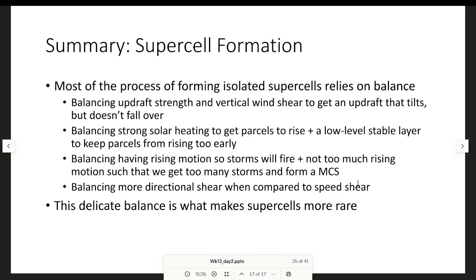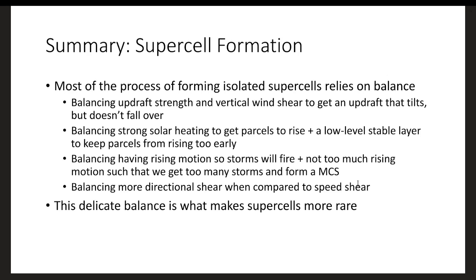So yeah, this is what I was saying. Most of the process of forming isolated supercells relies on balance. You have to balance the updraft strength with the vertical wind shear to get an updraft that tilts but doesn't fall over. So you want vertical wind shear, but this is why I was saying the lift kind of depends, because if you have strong vertical wind shear, you're going to need a stronger updraft to persist through that.